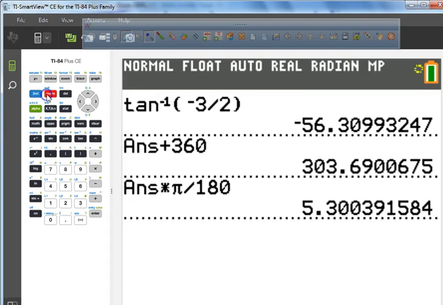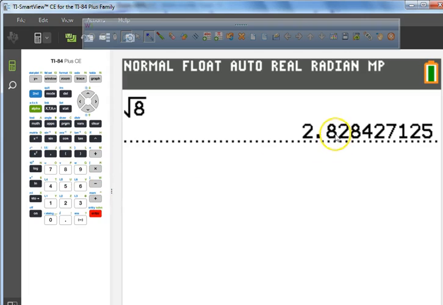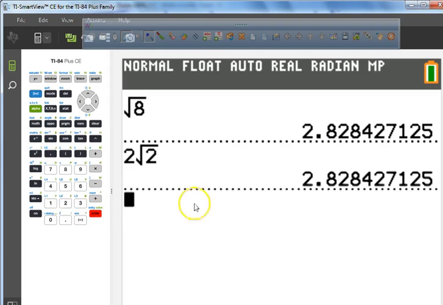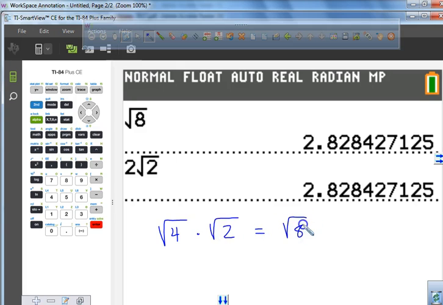So, for example, clear that out. I typed in the square root of 8, you get that 2.8. That's the approximate value. That's not the exact value. You'll notice that 2 radical 2 is the same as the square root of 8. They mean the same thing. If you're wondering why that's the case and my first explanation did not make any sense, hopefully you can see the square root of 4 times the square root of 2 would equal the square root of 8.